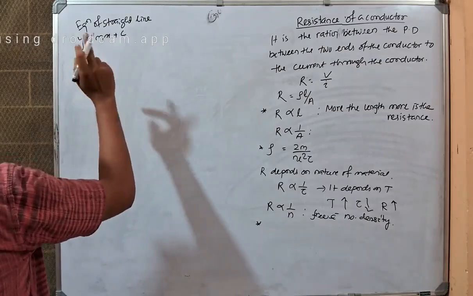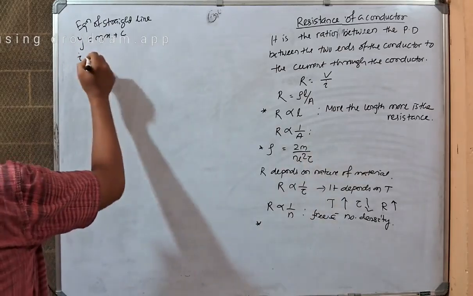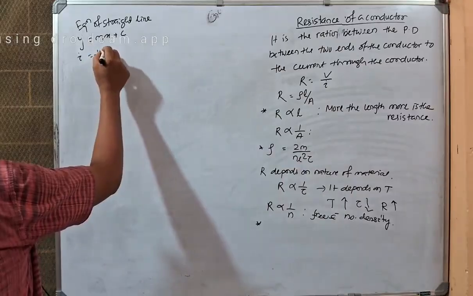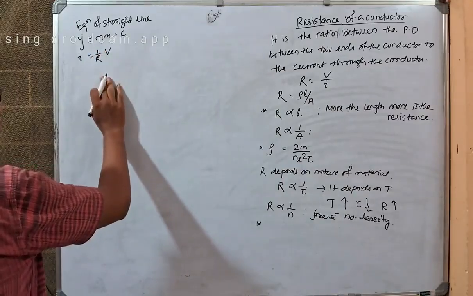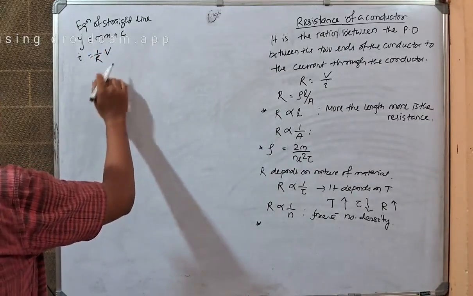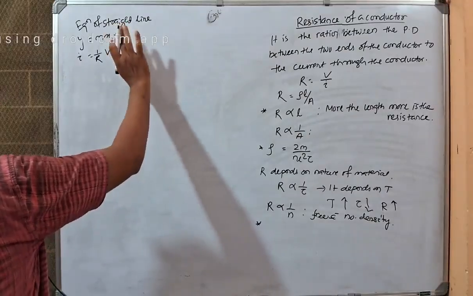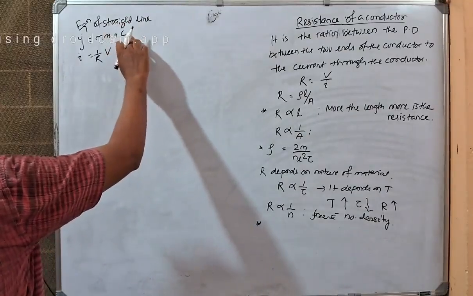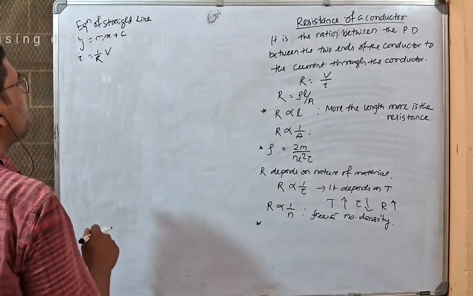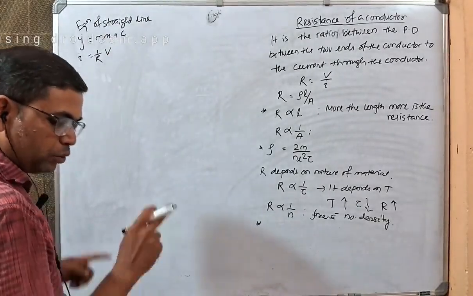So current depends upon V, so I is equal to 1 by R into V, plus 0. So there is no y-intercept. That means it should pass through the origin.